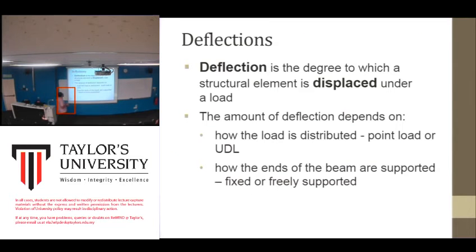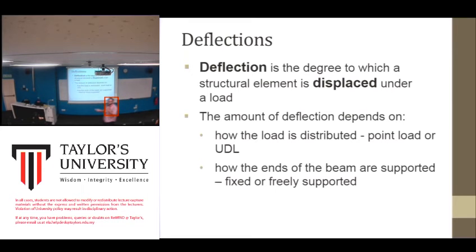Okay, deflection is the degree to which the structure element is placed under a load. So the amount of deflection will depend on how the load is distributed, whether it's a point load or UDL. What is point load?